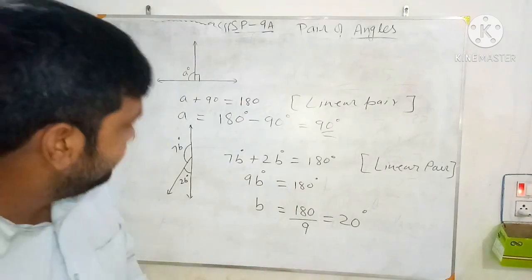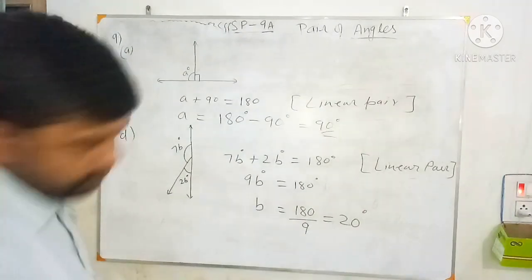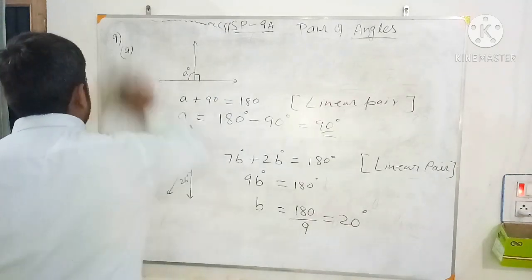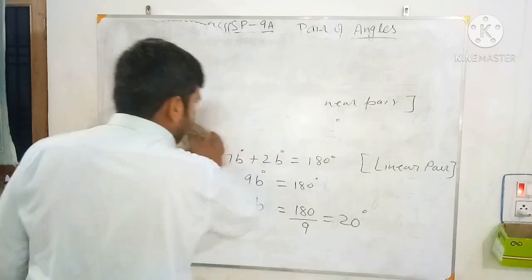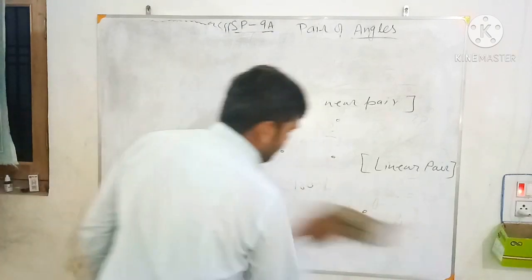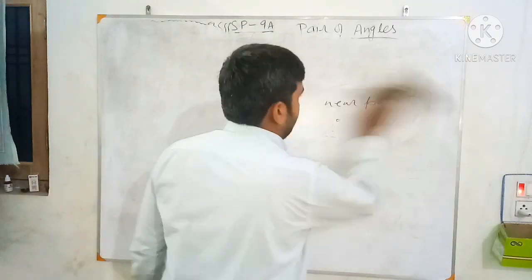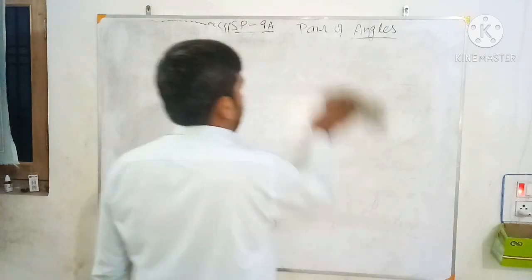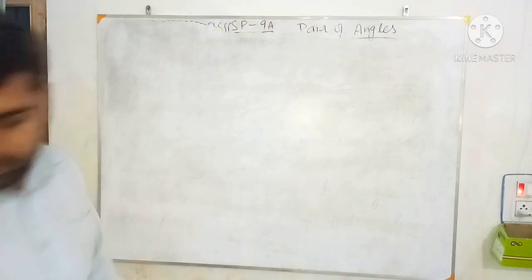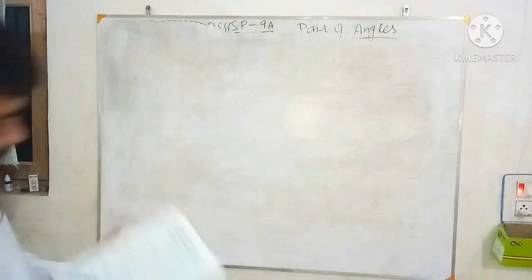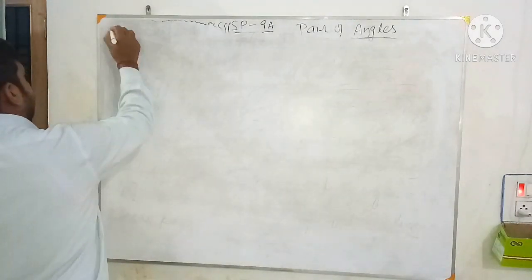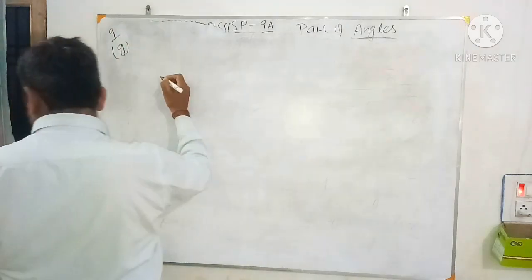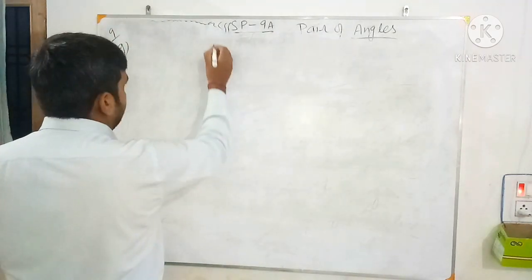Question number G of 9. That is a triangle.